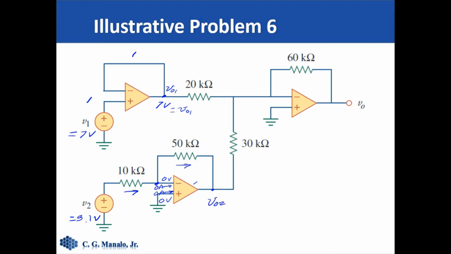Current entering here is 3.1 minus 0 divided by 10, and that should equal 0 minus VO2 divided by 50 kilo ohms. So that gives us VO2 equals 15.5 volts.